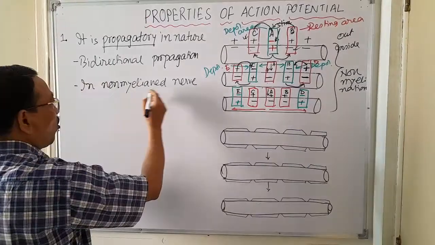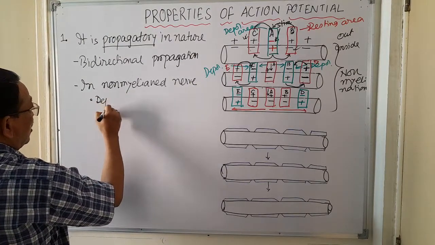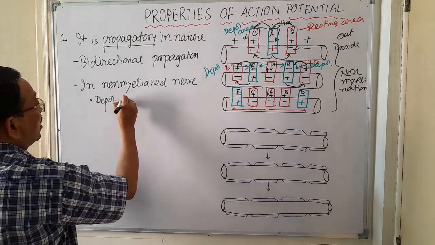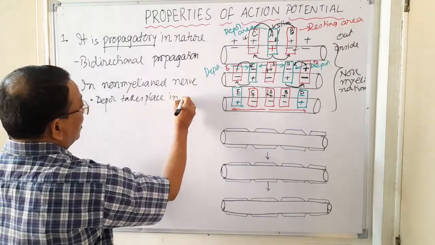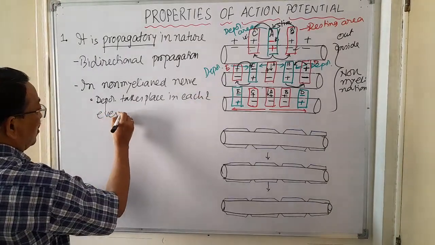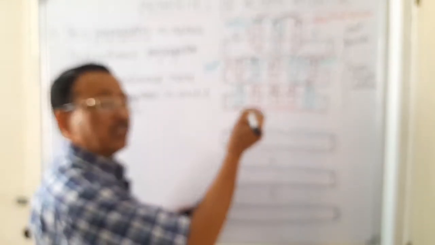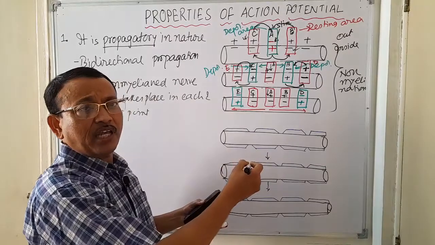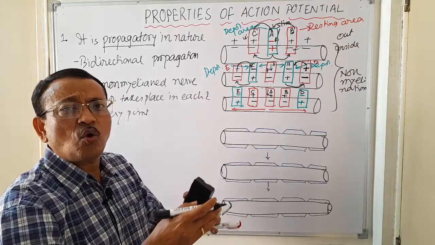So in this non-myelinated nerve, depolarization takes place in each and every point. And as there is a requirement of depolarization at each and every point of the membrane, this is the slower process.